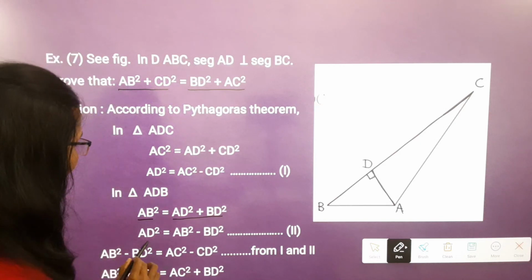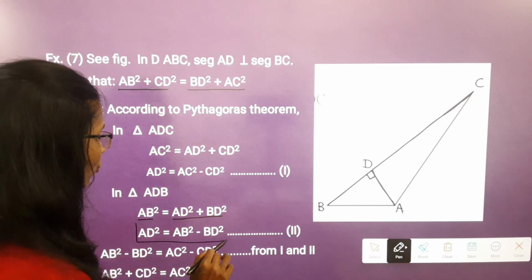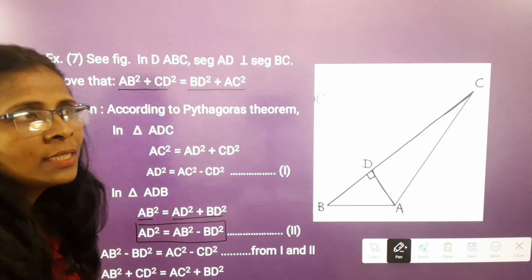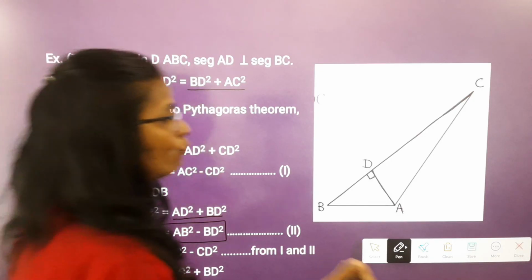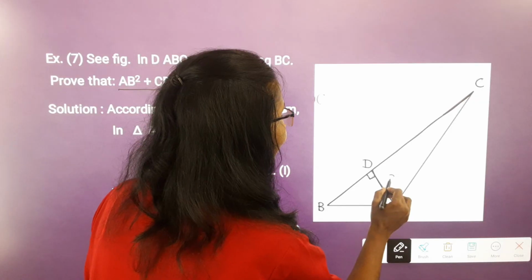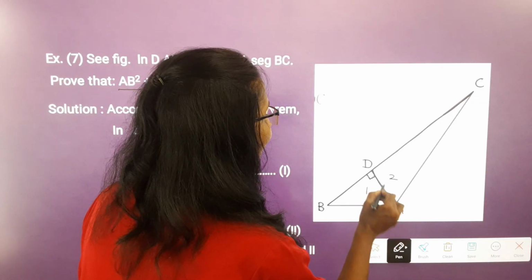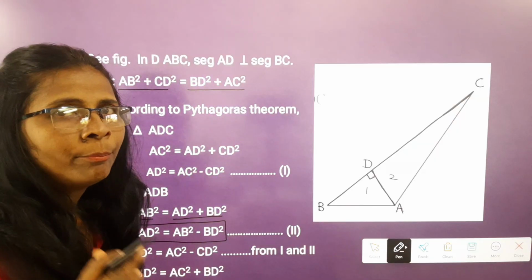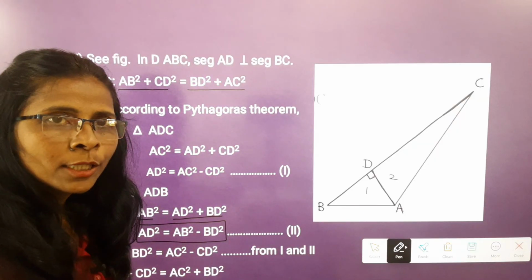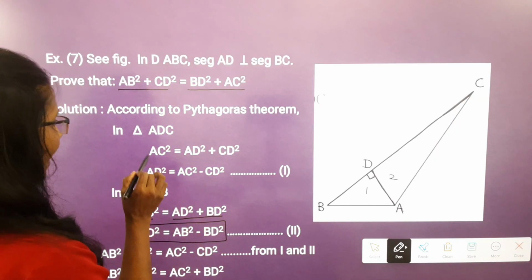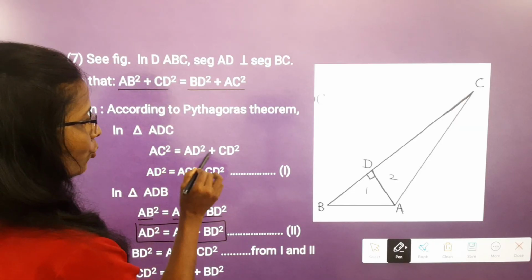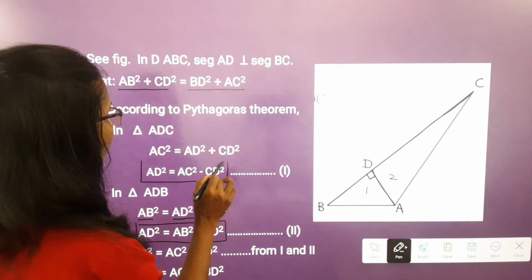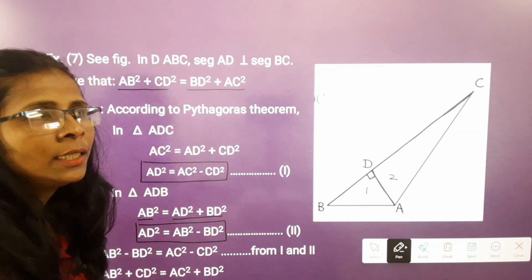So that means AD square is equal to AB square minus BD square. Students, we also have the second right angle triangle, that is triangle ADC, and here we apply the Pythagoras theorem, then AC square is equal to AD square plus CD square, that means AD square is equal to AC square minus CD square.